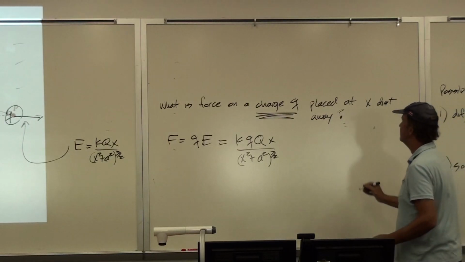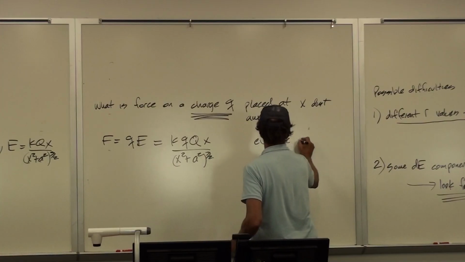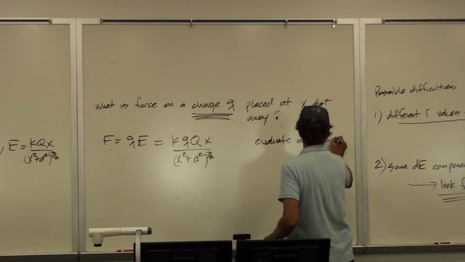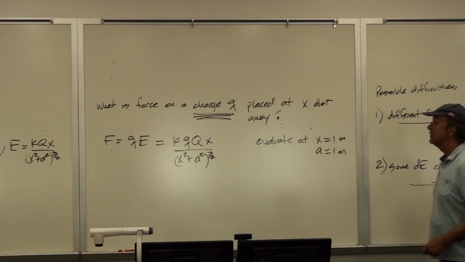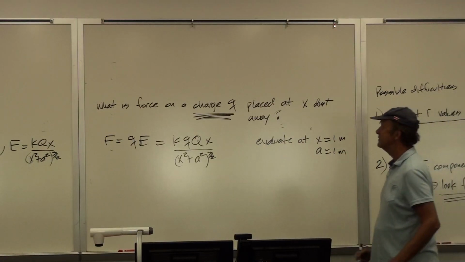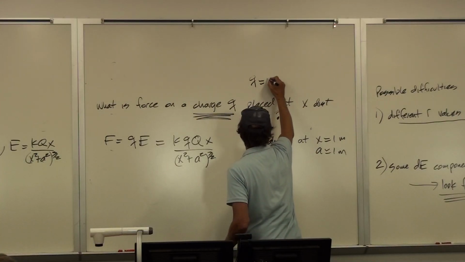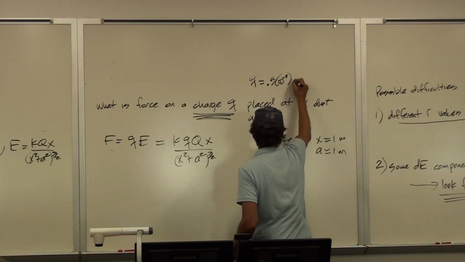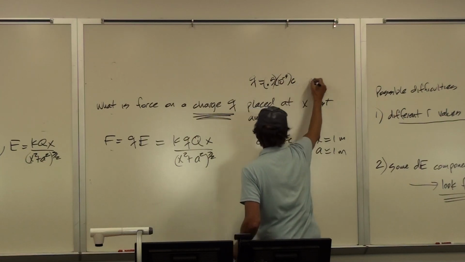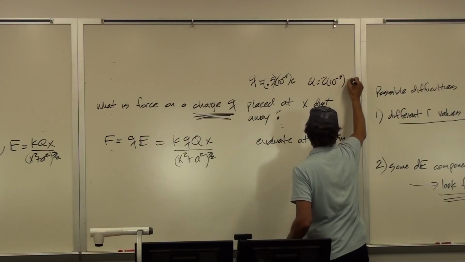Okay, so let's evaluate this now at x equals 1 and a equals 1 meter, just so the numbers come out easy. And let's say that little q is 0.5 times 10 to the minus 5 coulombs, and big Q is equal to 2 times 10 to the minus 5 coulombs.